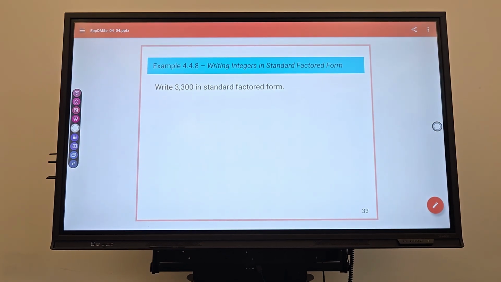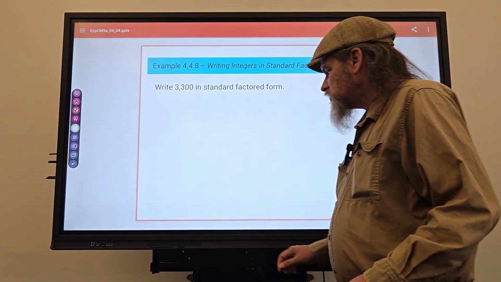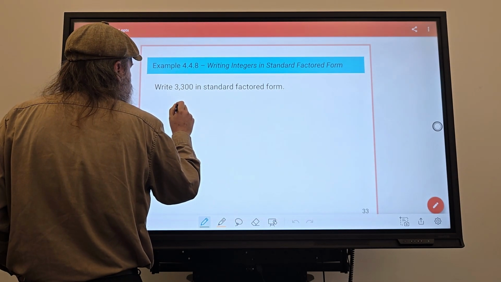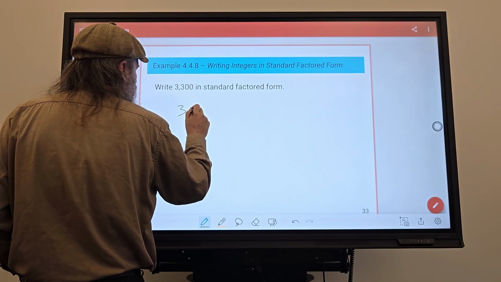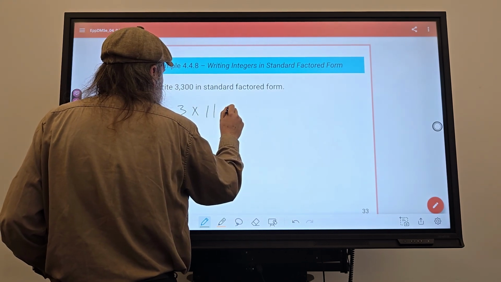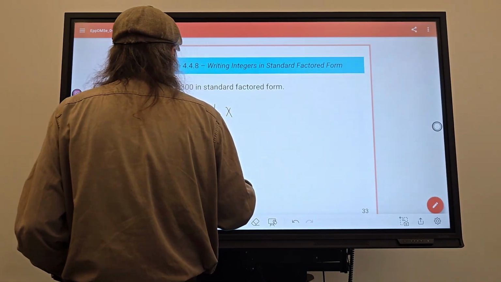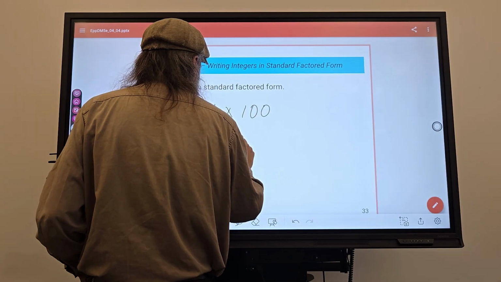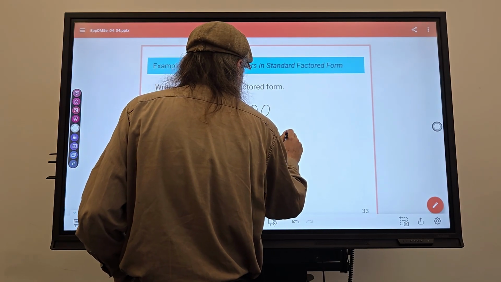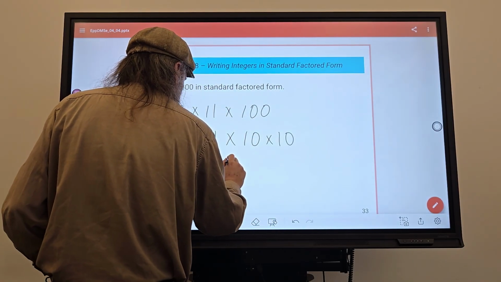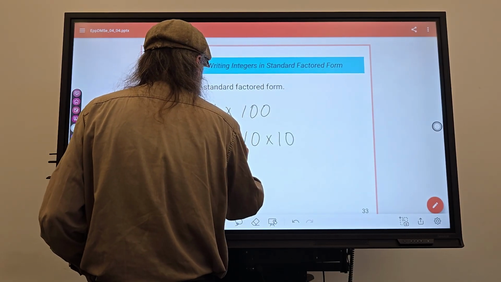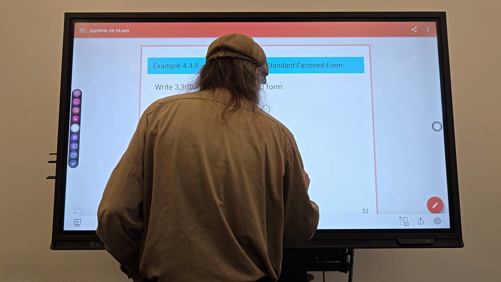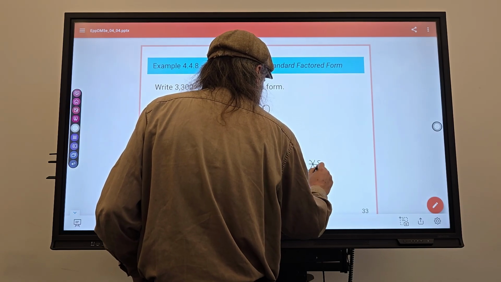So write 3300 in standard factored form. Well, you would have 3 times 11 times 100, which is 3 times 11 times 10 times 10, which is 3 times 11 times, I should make these dots so they're not confused with x's, 2 times 5 times 2 times 5.